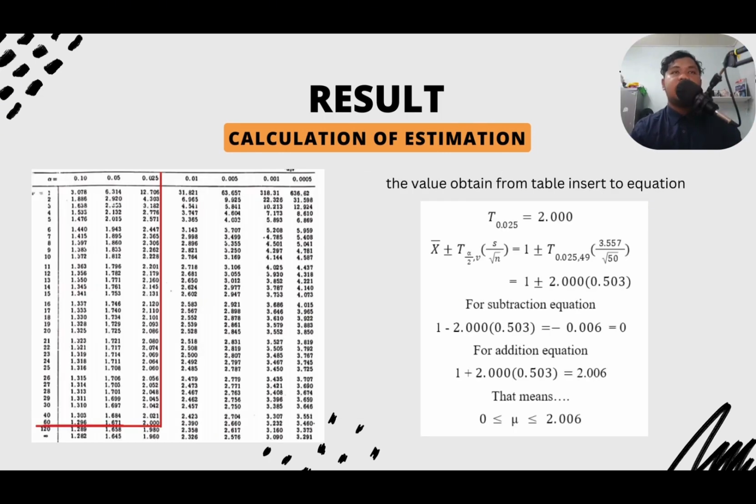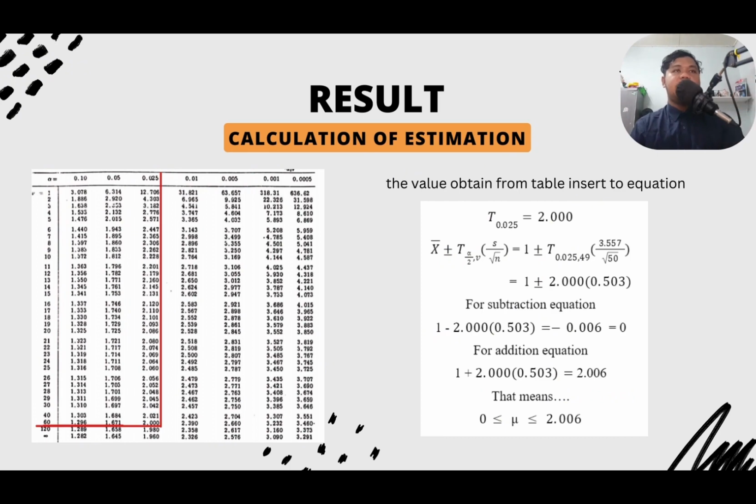Okay, on this slide I will show the table that we're going to use, because we already get the value of v and the value of alpha, which is 49, and alpha is 0.025.